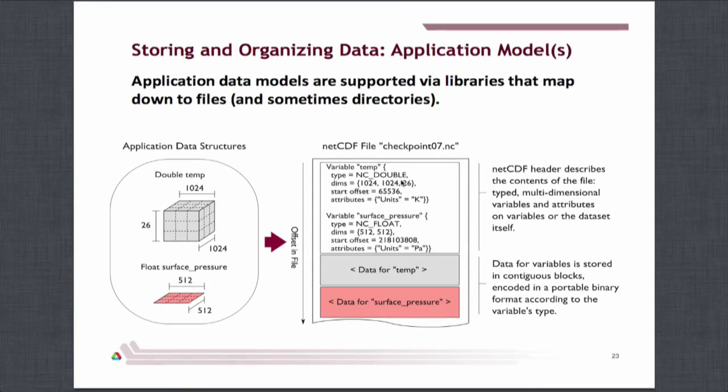You can say how many dimensions there are, what your starting offset is, what the units are, things like that. And the library for parallel netCDF is going to lay that out as a sequence of bytes for the storage system. So it tries to organize this in a sensible way. There's a header that's all in one place that contains the metadata you need. And then there are big chunks of data that map from multiple dimensions, multiple variables into a flat stream of bytes to present to the file system.